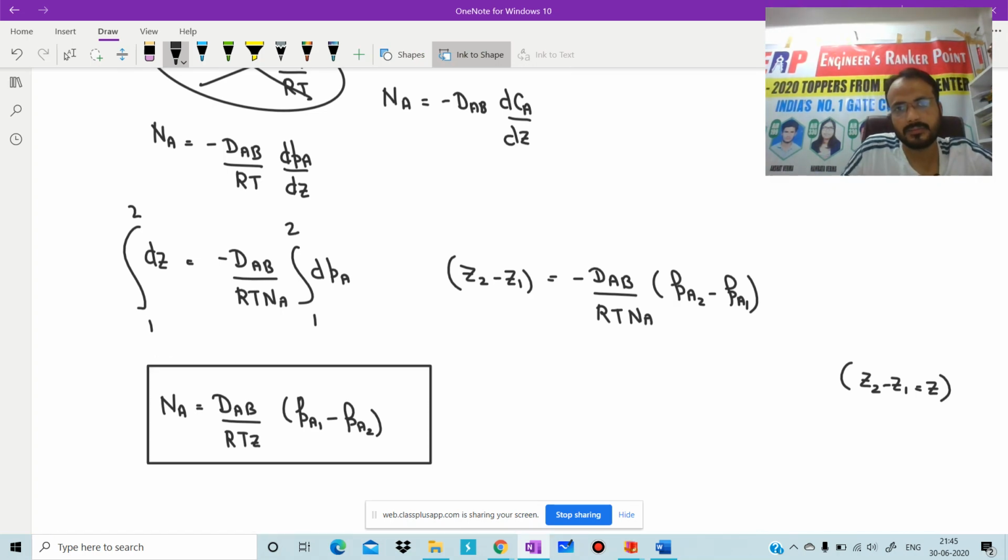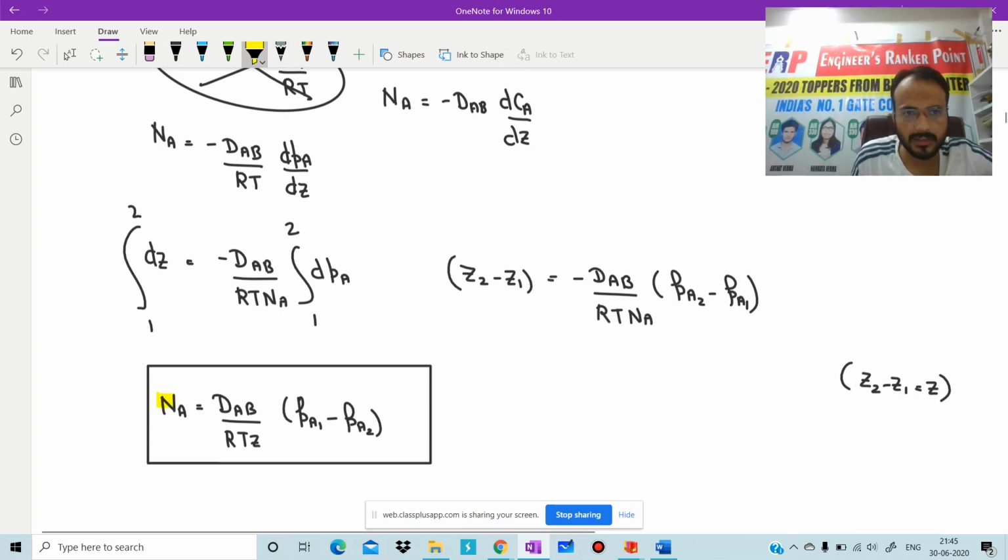Is it clear? Remember this formula. I hope there is no doubt about this one. This formula should be remembered by each and everyone. I hope both cases are crystal clear.